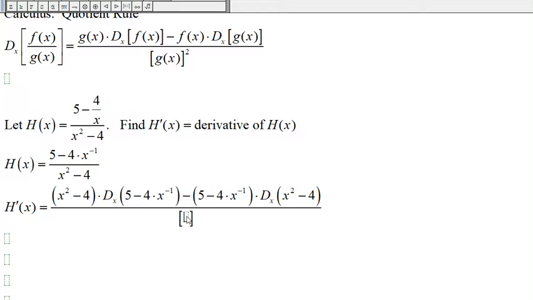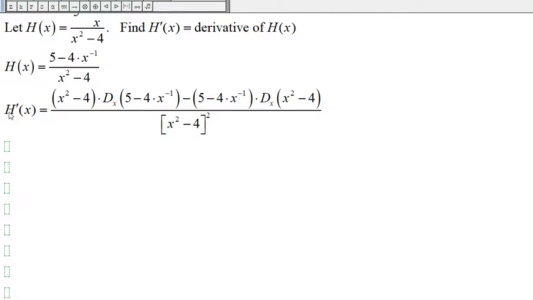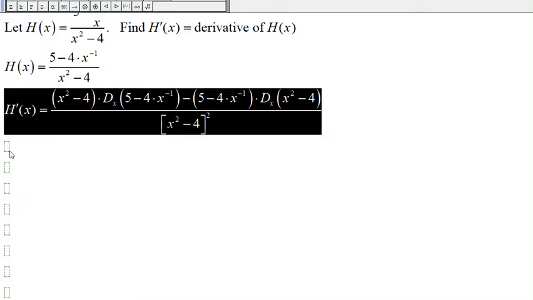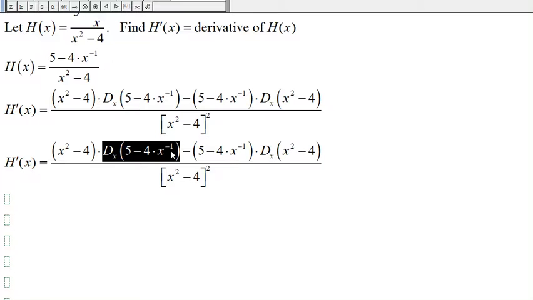And then dividing by g of x squared. And so let's do the derivative of this first.